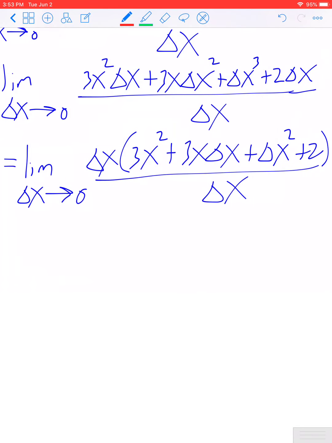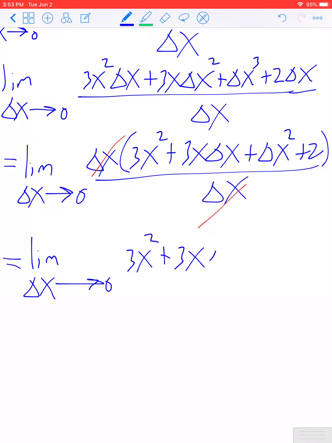We now get the delta x that we factored out to cancel with our original delta x in the denominator. Again, that's good evidence to support that we're going in the right direction. And now the very next step, we should be able to go ahead and take this limit by plugging in 0 for delta x.